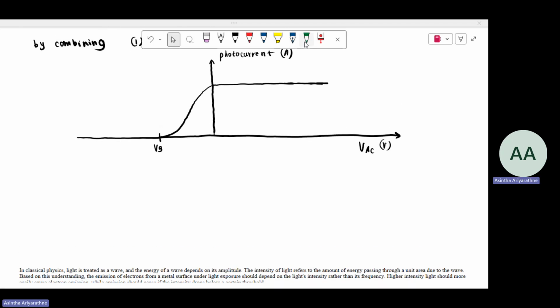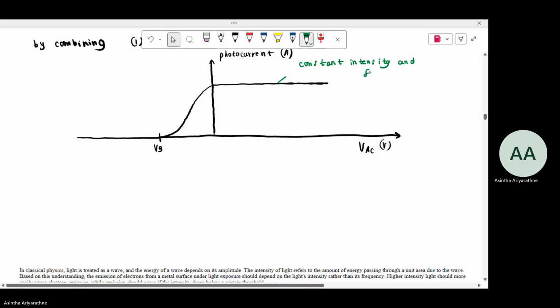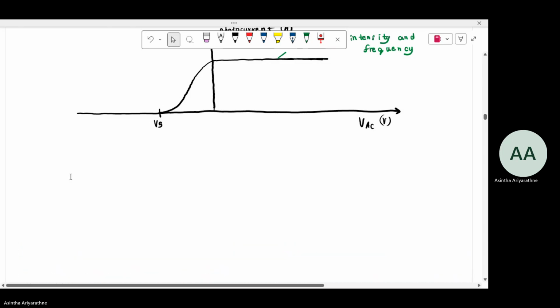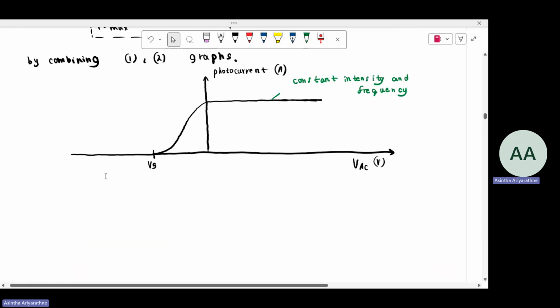Right, so this is under constant intensity and frequency.